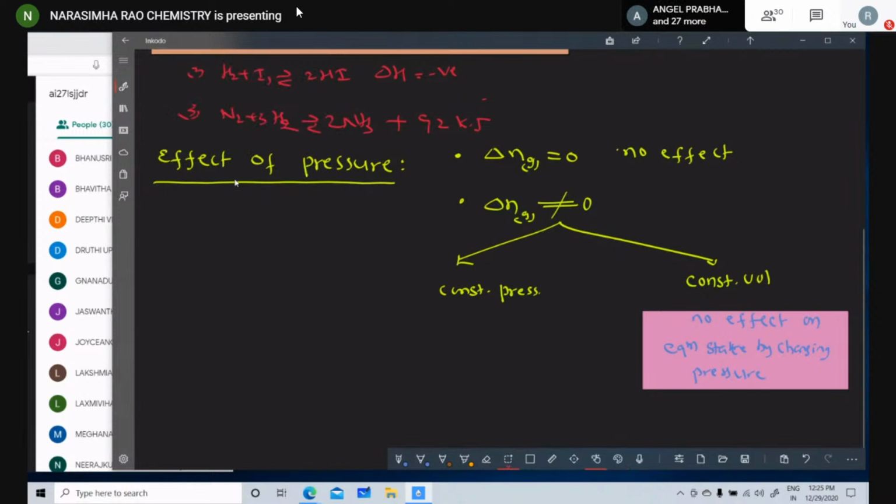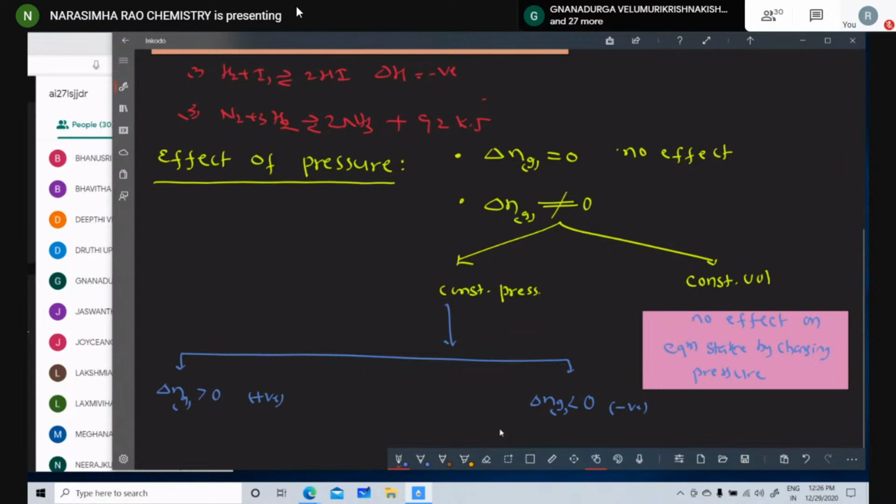Delta N value less than 0 or greater than 0 means two cases are there. Delta Ng greater than 0 means positive. Delta Ng less than 0 means negative. What will be happening, children?